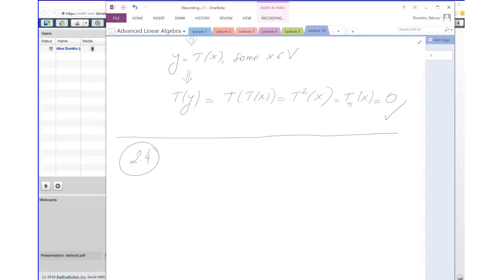Linear transformations are functions in particular, so it's a natural question to ask here, are there invertible linear transformations, and what properties do they have? Okay. Invertibility and isomorphisms.